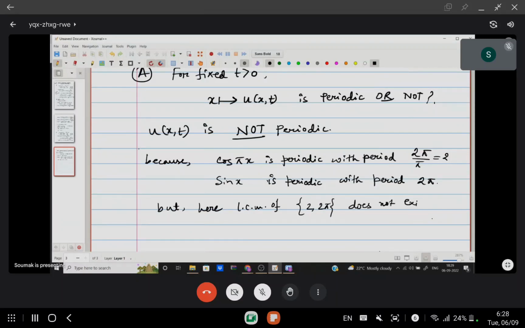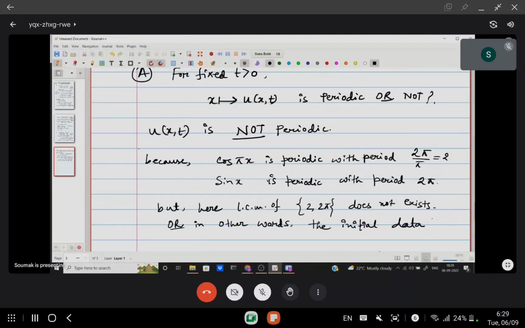Or in other words, the initial data, because we find u from the initial data only, by integrating and averaging, something like that.